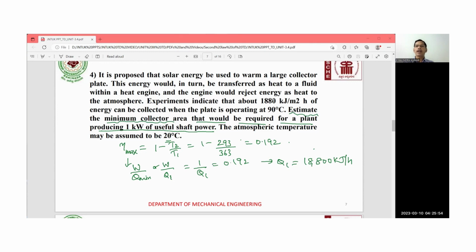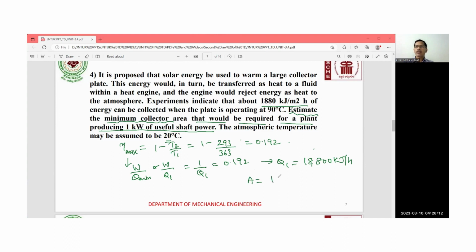How are you going to get it? Experiments indicate 1880 kilojoule per meter square hour. So how are you going to get the area? Through the units you come out.